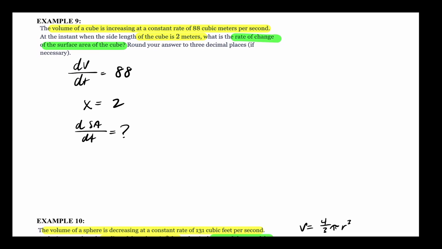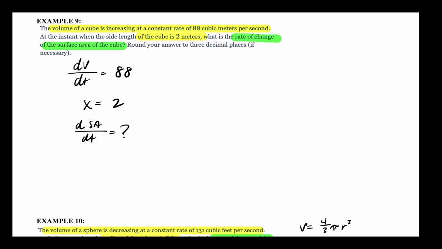So the formula for volume of any box is base times height times depth, or length times width times height. And that's side cubed, right?